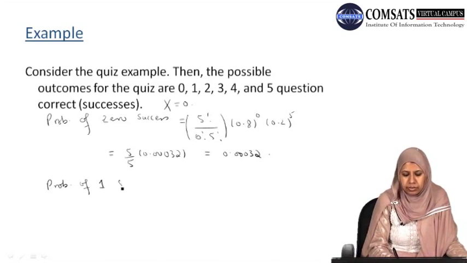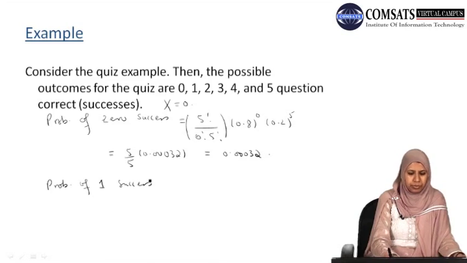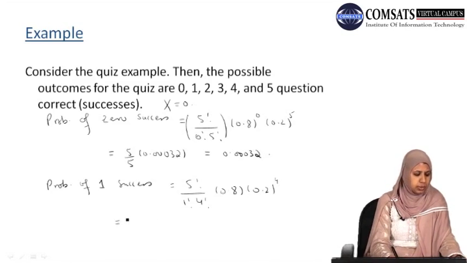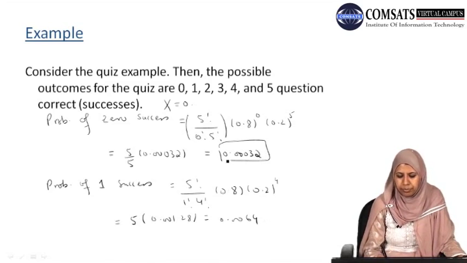Similarly, the probability of 1 success, that is the student has answered only 1 question correctly from the 5 questions, will be 5 factorial divided by 1 factorial into 4 factorial, into 0.8 into 0.2 to the power 4, which is equal to 5 into 0.00128, which is equal to 0.0064. Okay.